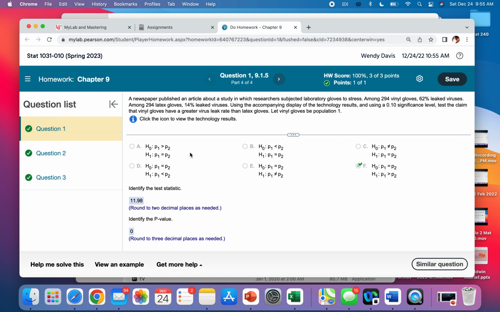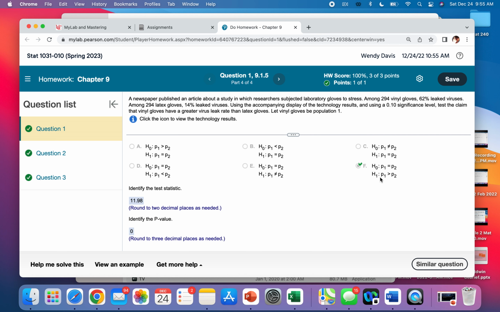For latex, we're testing 294 latex gloves and 14% leaked, with a 0.10 significance. Let vinyl gloves be population 1. So we're testing H1, the alternate hypothesis, which is the same thing as HA. We're testing that P1 is greater than P2.